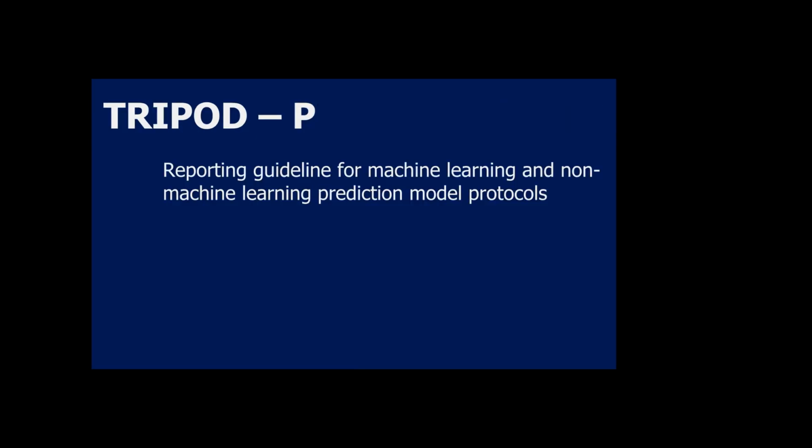And given the importance of having a protocol available and thinking about all those study design considerations as early as possible, especially before the study starts, we're also working on TRIPOD protocols, which will also be a guideline for regression and non-regression based models.